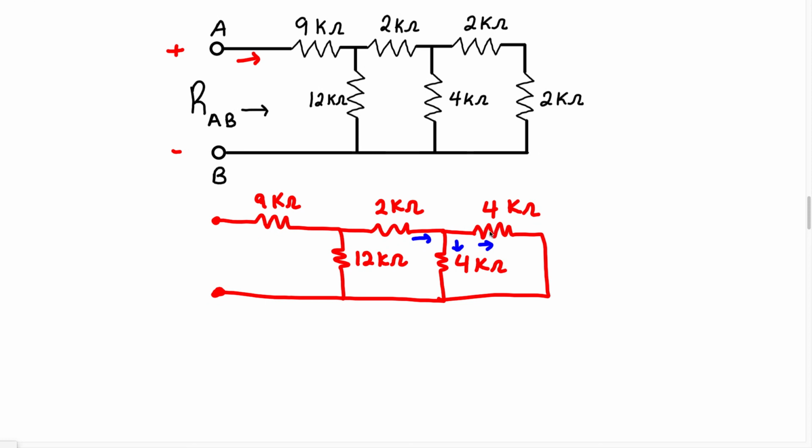So when we take the parallel equivalent resistance for these 2 resistors, we're going to have 4 times 4 over 4 plus 4. That's going to give us 2 kilo ohm.